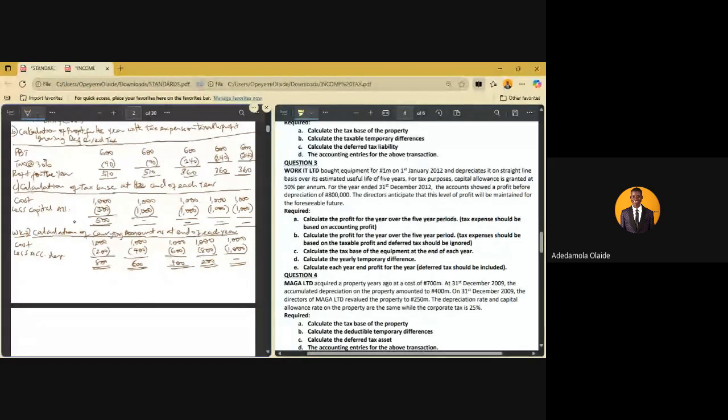So if tax base is A and accumulated depreciation is B, we can now go to requirement D, which asks us to calculate yearly difference. Calculation of yearly temporary difference.